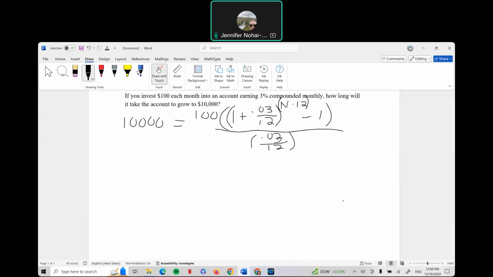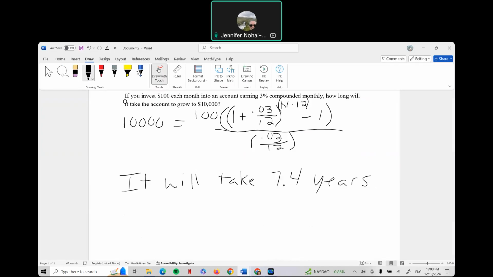So it says, how long will it take to grow the account to $10,000? It will take 7.4 years. Okay, so that's one way to write it.